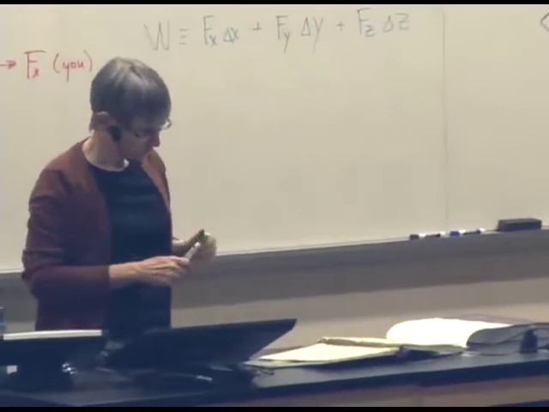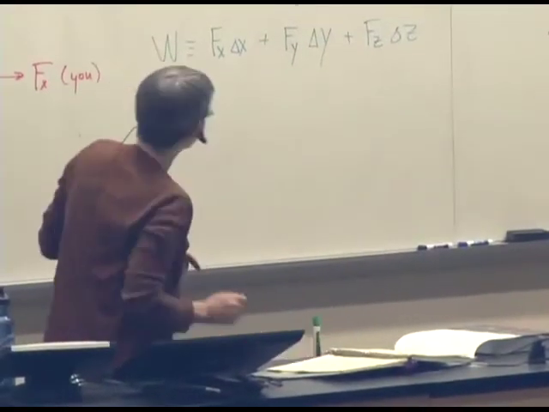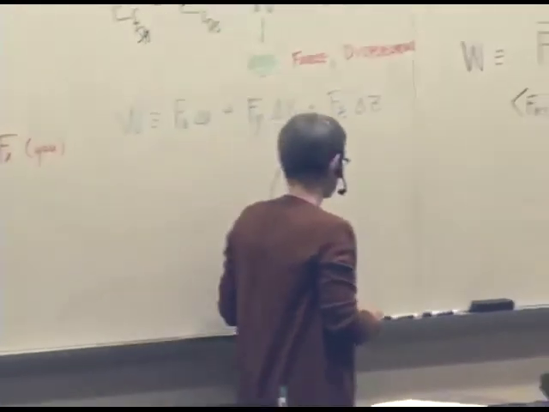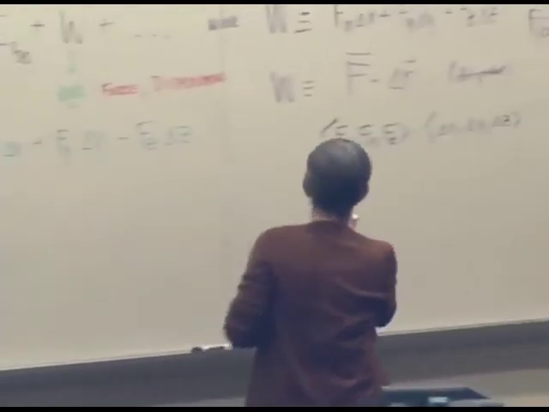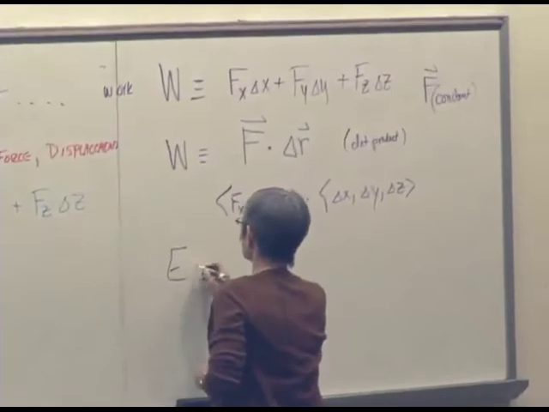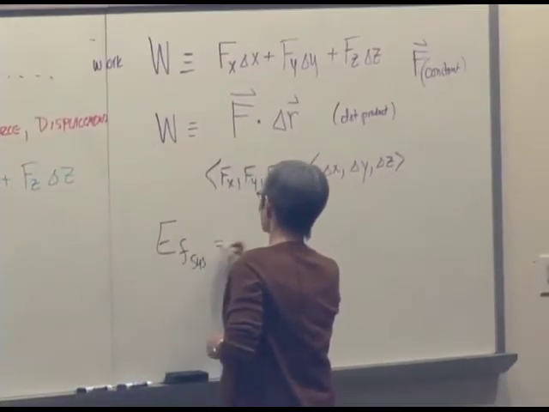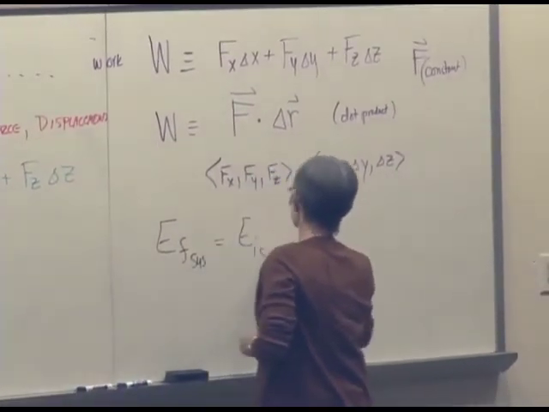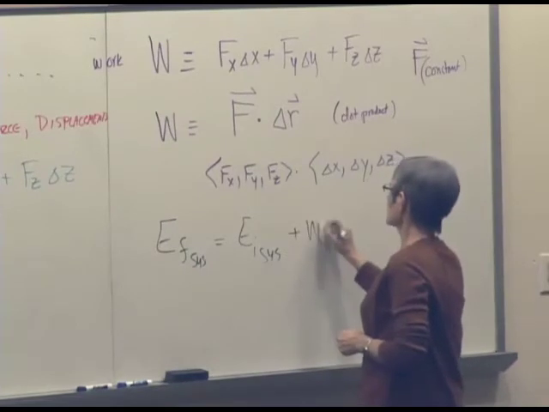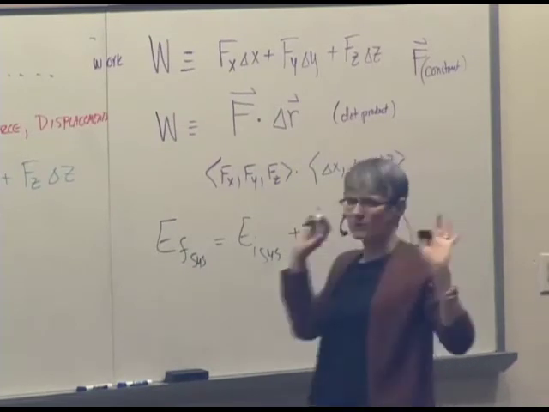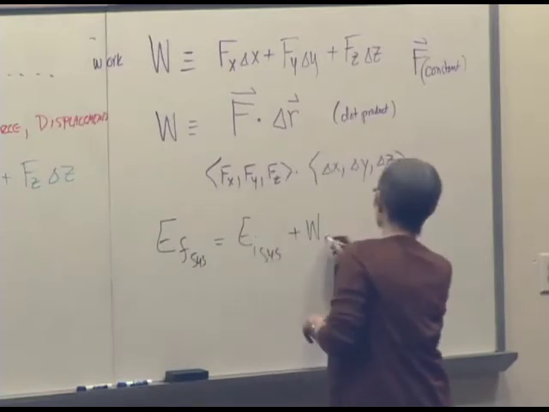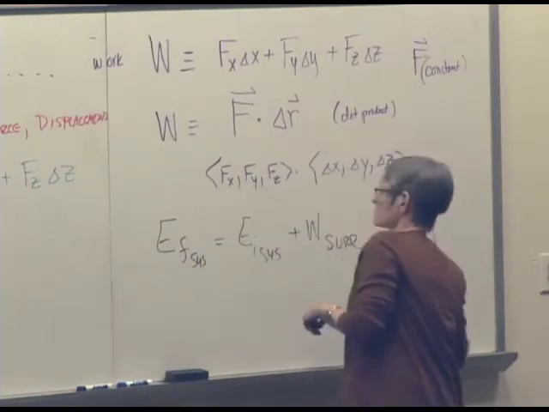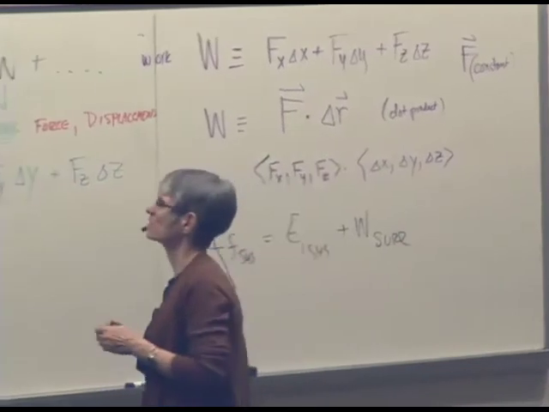Okay, so let's think about how negative work could be possible. So we have E final for a system is E initial for the system plus work. And there could be some other inputs, but for right now we're not going to. This is work. We might even write work done by the surroundings, just to remind us that it's done by the surroundings.